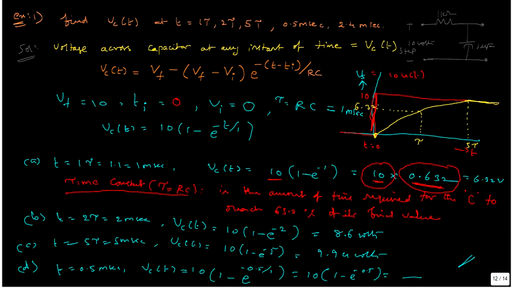So this is Vs and it is Vc of t or V0 of t, the voltage across the capacitor, that is the output voltage. We will see one more example so that you can understand the meaning of Ti and Vi, the initial time and initial voltage.